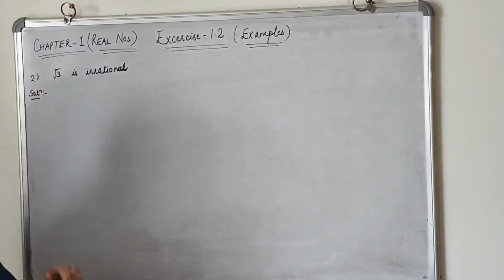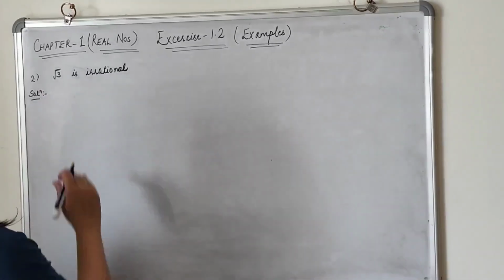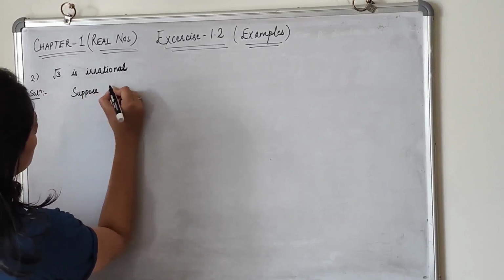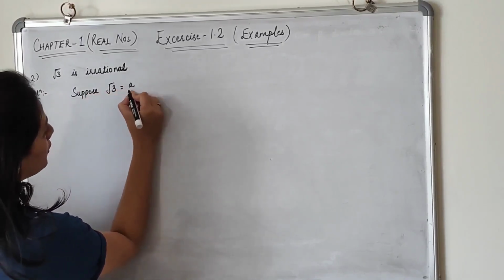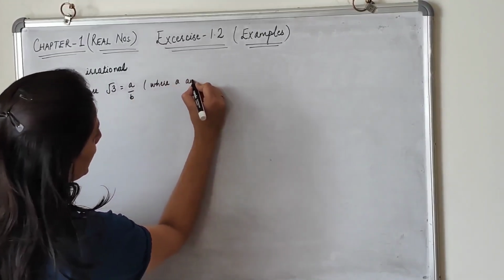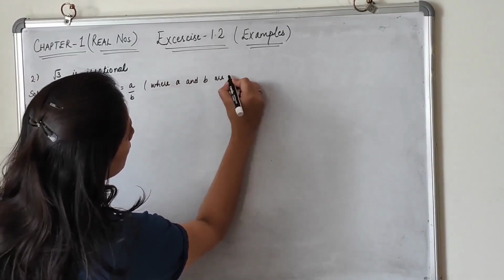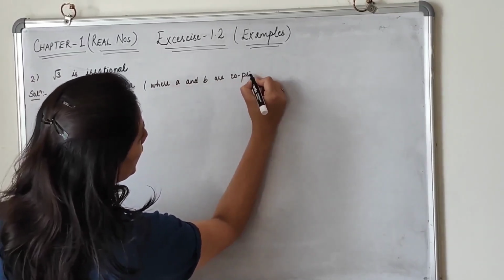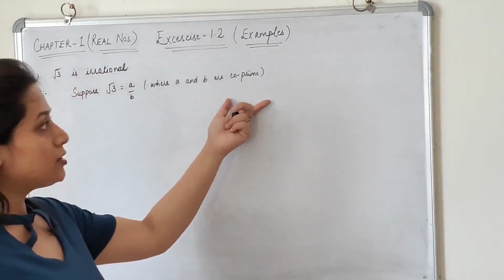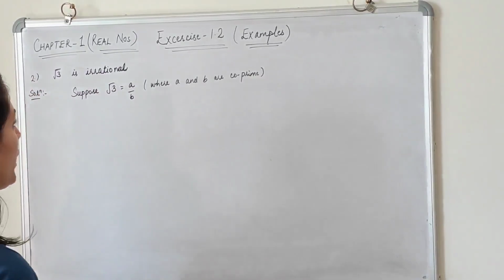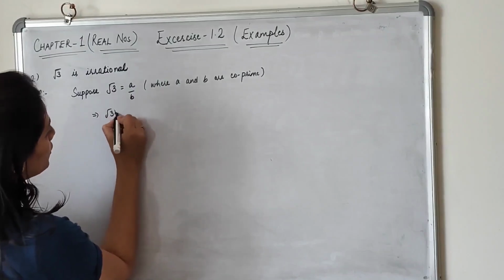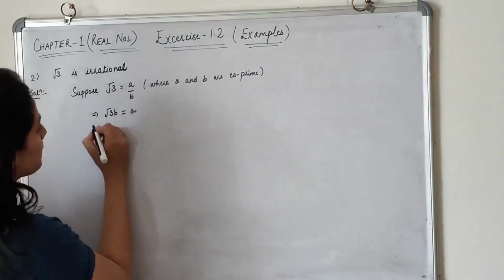Question number 2 is, prove that root 3 is an irrational number. Suppose root 3 is a rational number a by b, where a and b are co-prime numbers. Co-prime numbers are those numbers whose HCF is 1. Can we write this equation as root 3 b is equal to a?